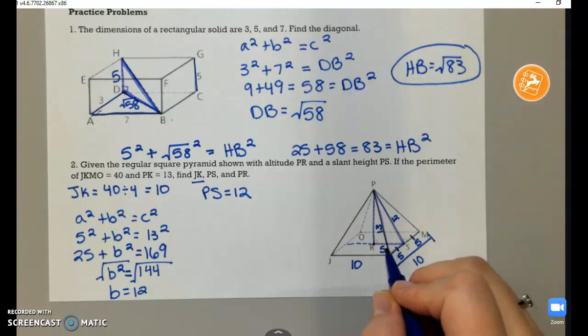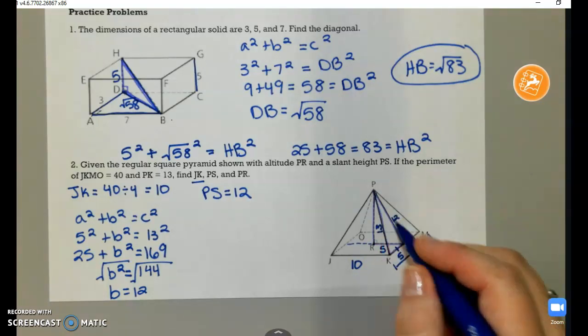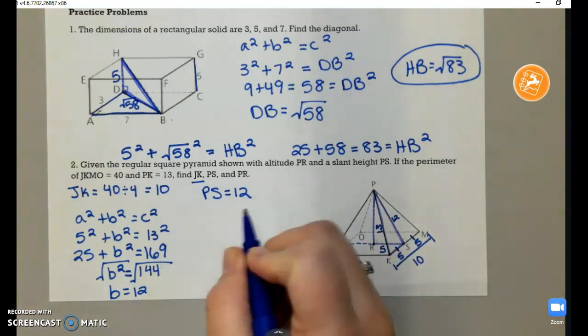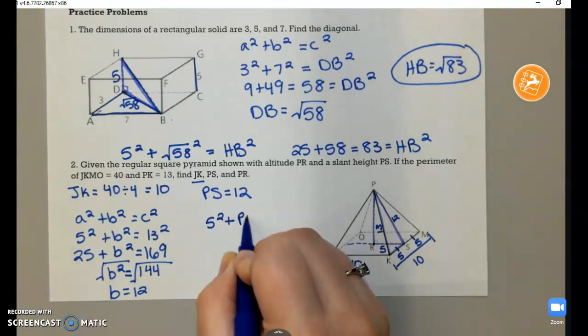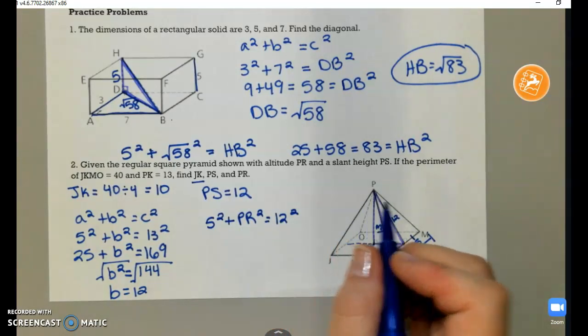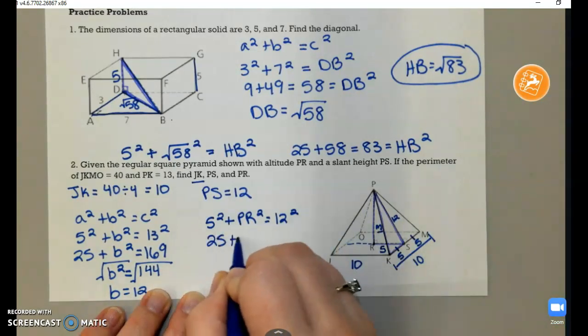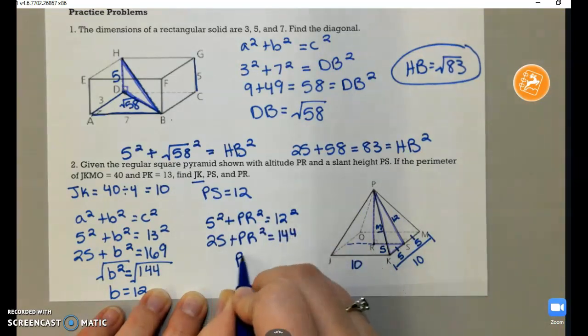So my sides are 5 and PR, we don't know what PR is, and my hypotenuse is 12. So 5 squared plus PR squared is equal to 12 squared. So 25 plus PR squared is equal to 144.